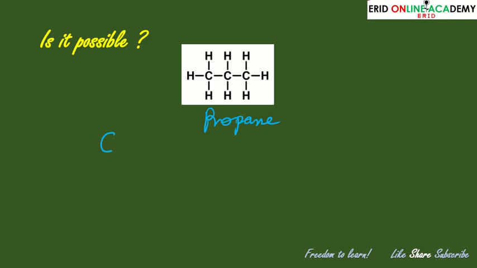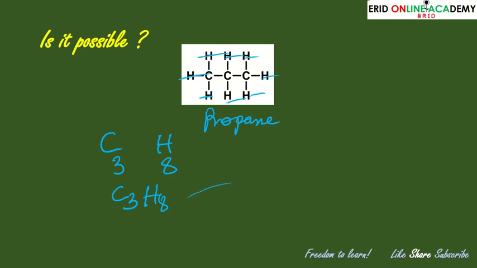For propane, we have carbon and hydrogen as the constituent elements. We have 3 carbon and 1, 2, 3, 4, 5, 6, 7, 8 hydrogen. So the molecular formula is C3H8.